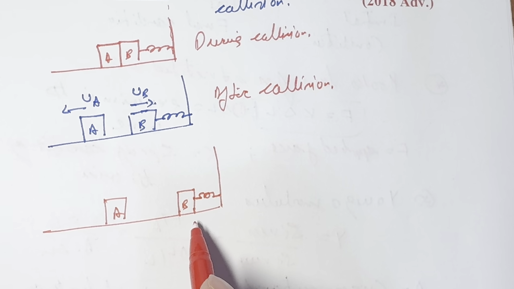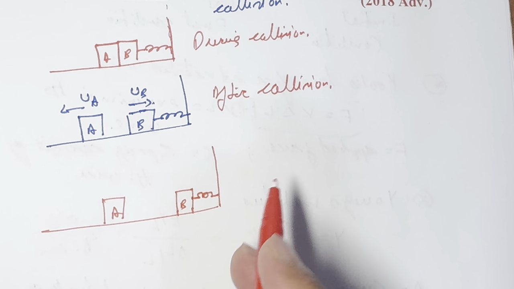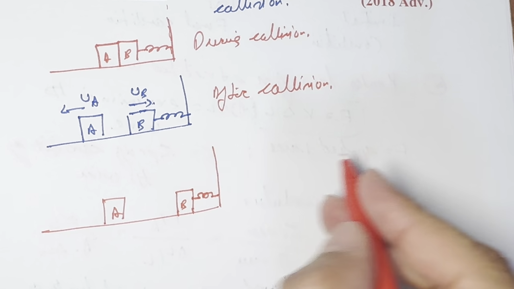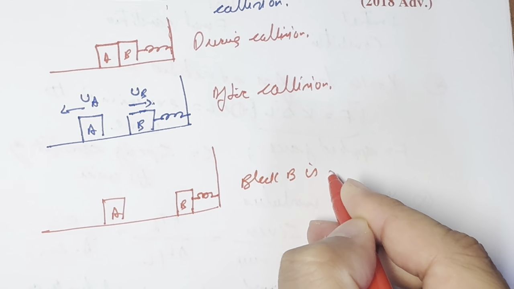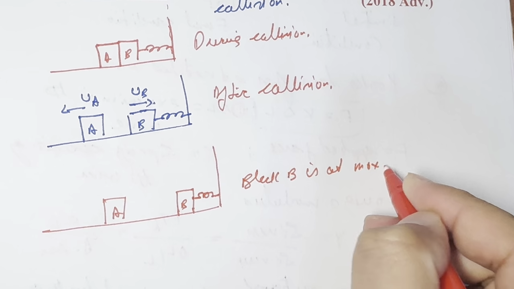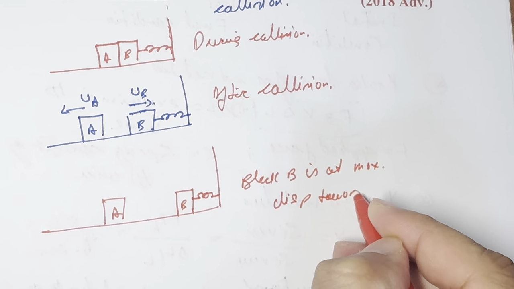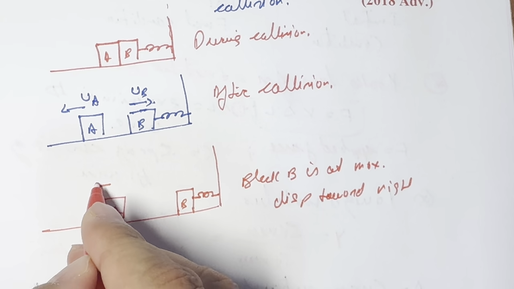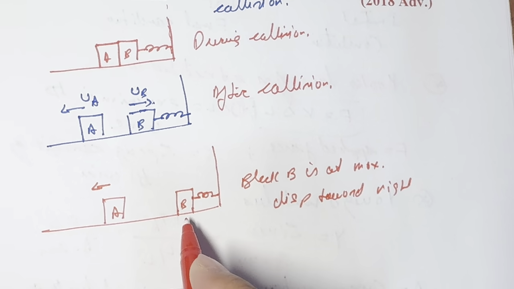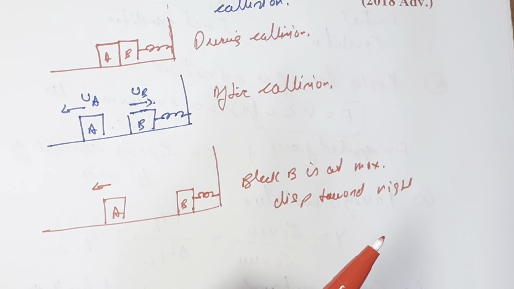At this particular moment, block B is at maximum displacement towards the right, and block A is still traveling like this. At maximum displacement this block will be, for a fraction of a second, stationary.